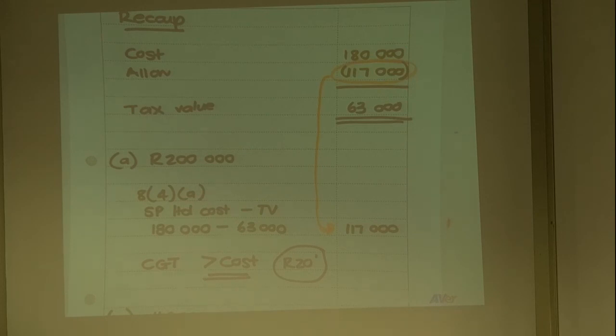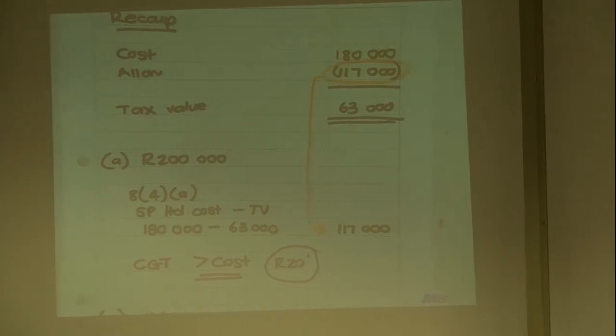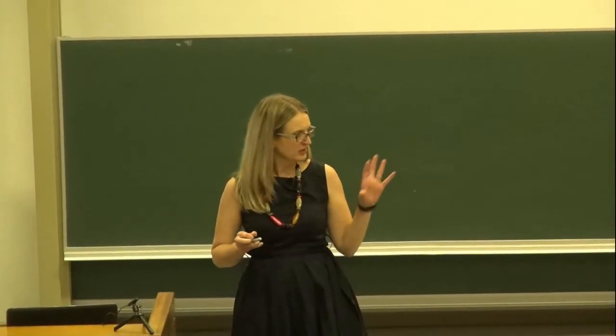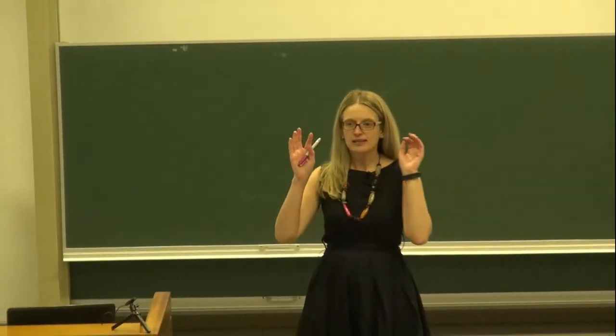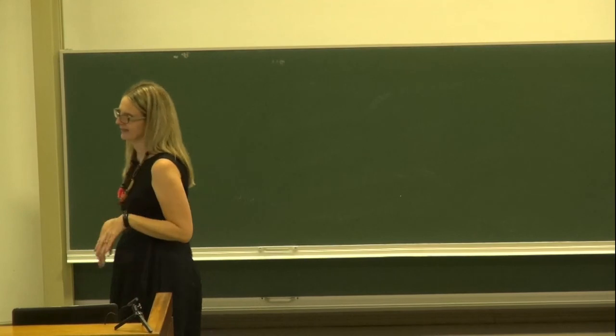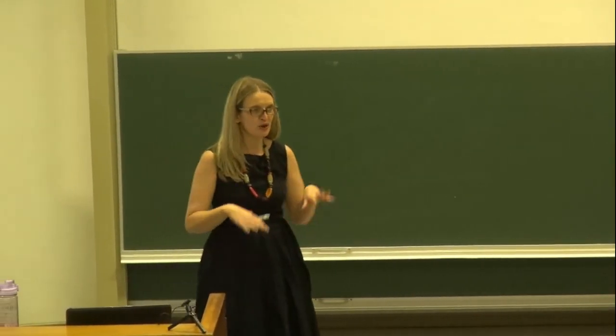Let's now speak about section 11(o), which is our scrapping allowance section. Section 11(o) is simply when your formula ends in a minus. So that formula that I showed you, selling price, limited to cost, minus the tax value. If it ends in a zero, there's nothing.